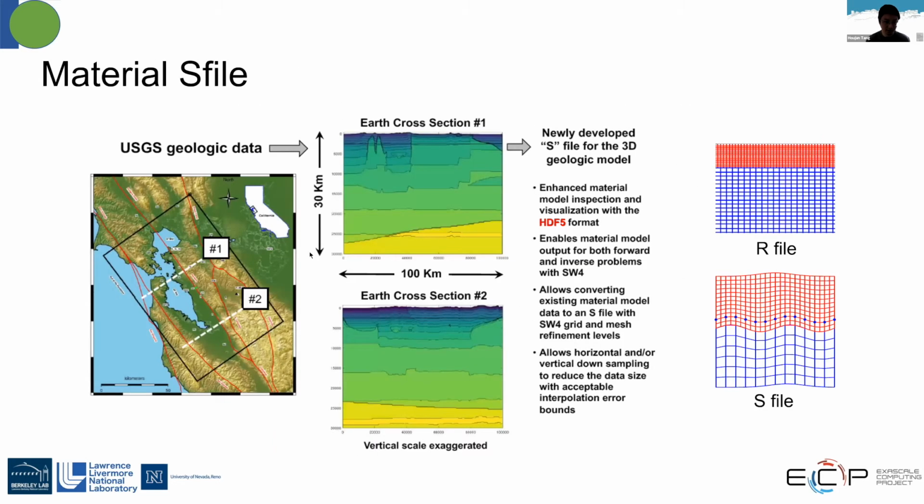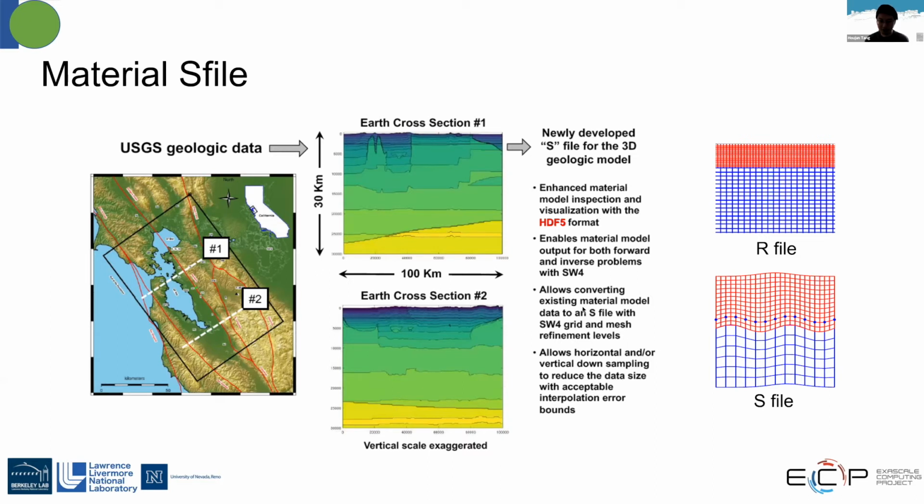First, a little bit more detail about the material model. Previously, we used a custom binary format, or RFILE, and then there were some additional requirements, so we came up with this new SW4 format, stored in HDF5, which enables it to be easily visualized, for people to just plot images like this, cross sections.